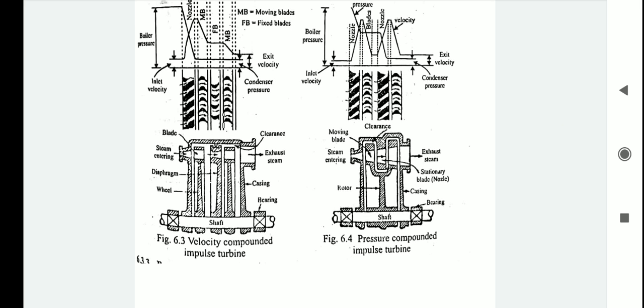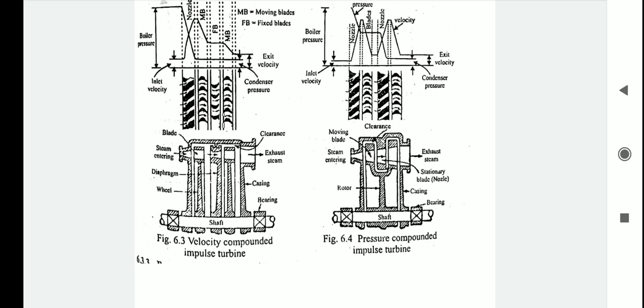Pressure compounding leads to higher efficiency, because very high flow velocities are avoided through the use of purely convergent nozzles. For maximum utilization, the absolute velocity of the steam at the outlet of the last rotor must be axially directed.